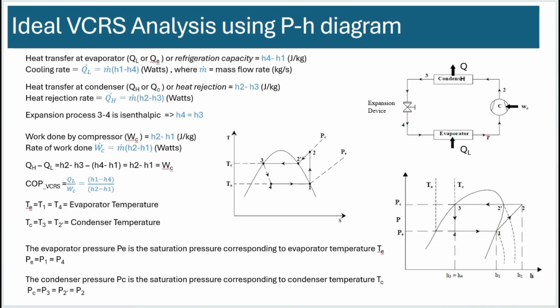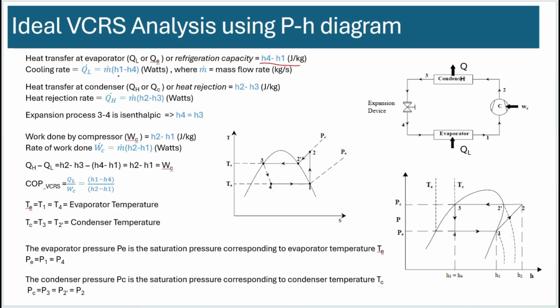And how do we calculate the energy transfer? The energy transfer here, QL, is also known as the change in enthalpy from this point to this point. Okay, it's H4 minus H1, or ideally it's H1 minus H4. H4 minus H1 will give you a negative number, but it's the amount of heat removed.